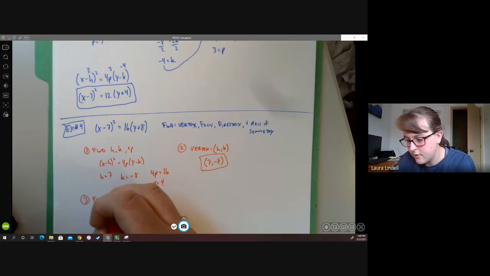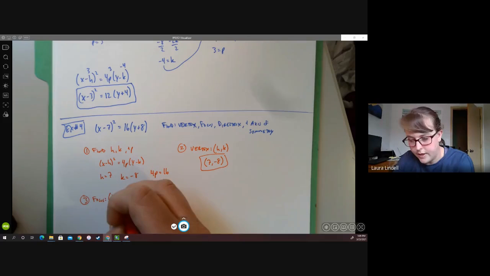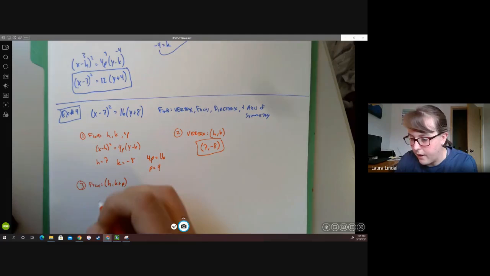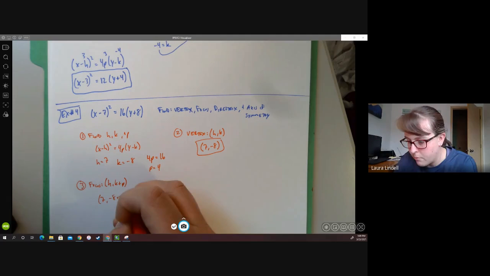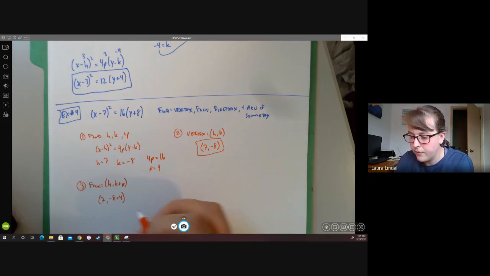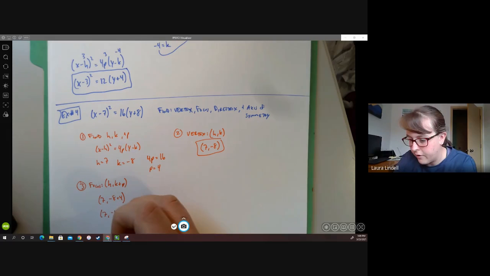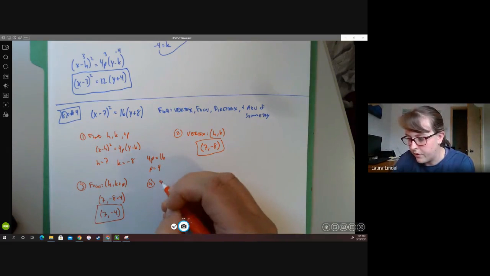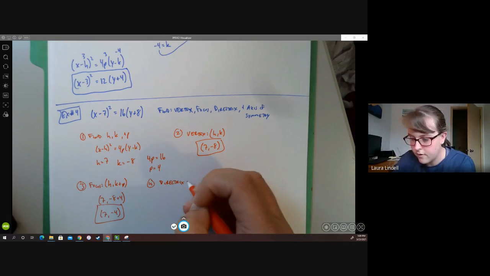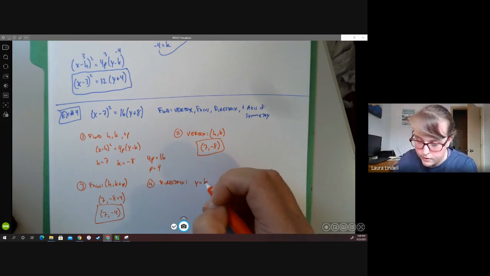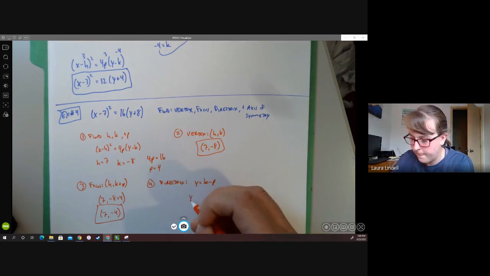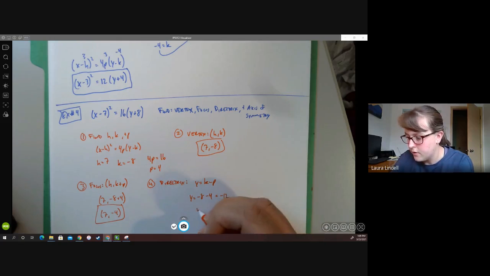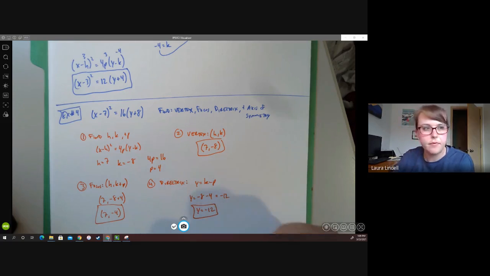Then the focus, we know, is (h, k plus p). So that would be 7 and then negative 8 plus 4, since p is 4, which is (7, -4). Then we want the directrix, which is y equals k minus p. So negative 8 minus 4. So y equals negative 12.